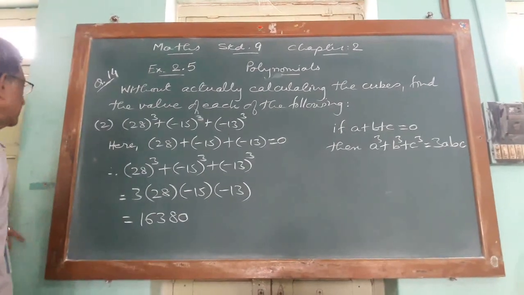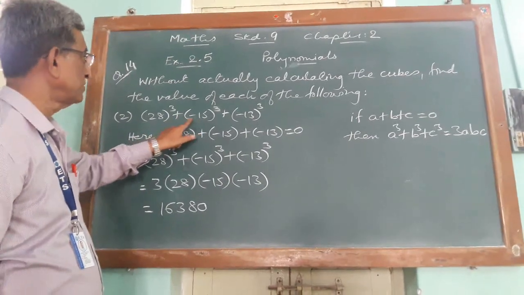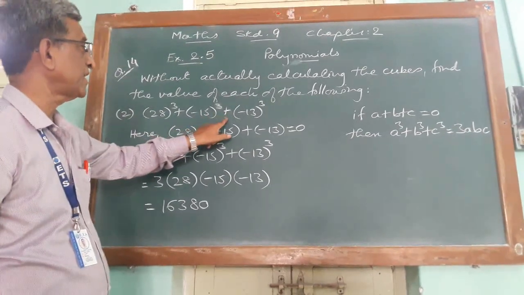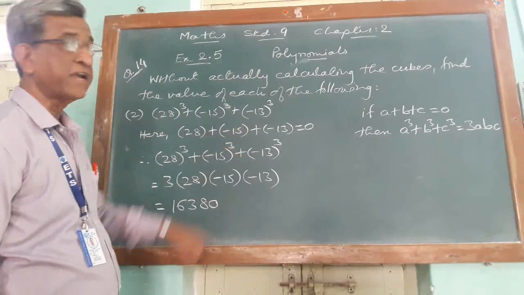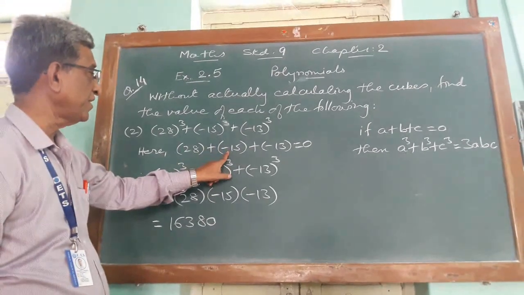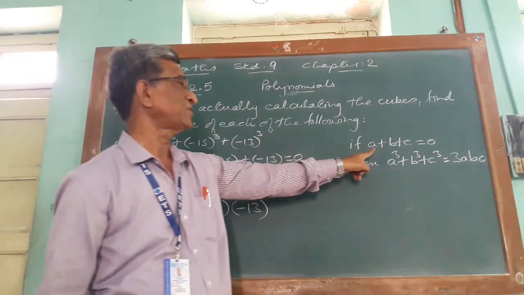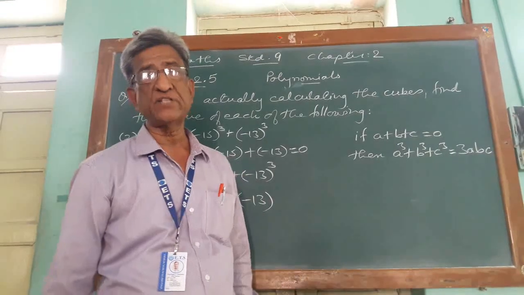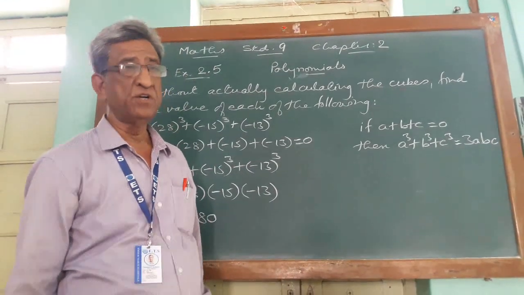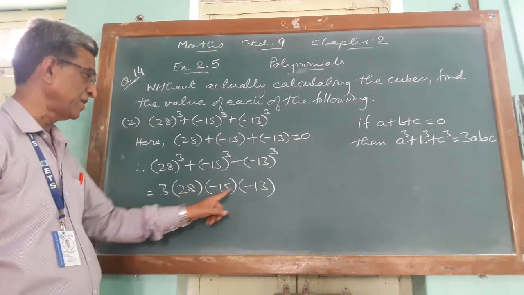Now the second sum, 28 cube plus minus 15 cube plus minus 13 cube. Again you can see 28 minus 15 minus 13 gives you 0. So again you will use the same formula. If a plus b plus c equal to 0, then a cube plus b cube plus c cube equal to 3abc.